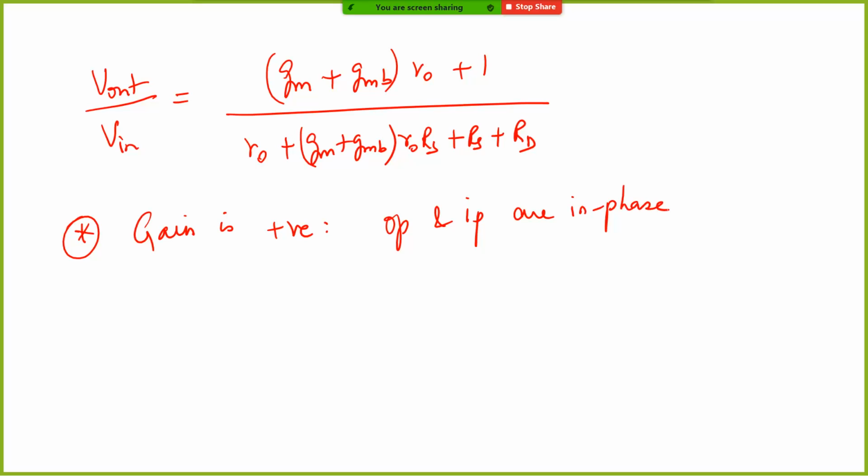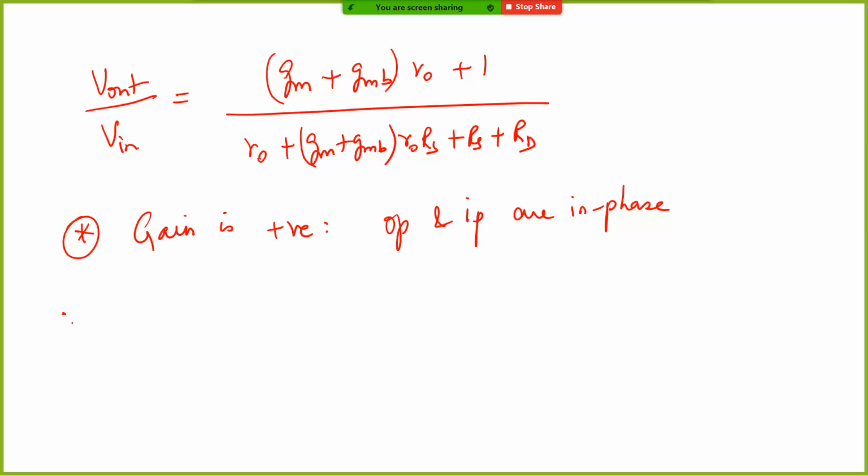The other thing is you will also see some similarity between this expression and the expression that you will derive for common source with source degeneration. It is more like the Gm R naught plus 1 times Rd divided by the kind of expression that you have for common source with source degeneration resistor. Now the other thing that we can take a look at is that the gain is fairly good.